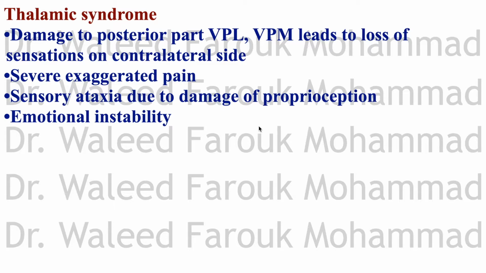I told you before, proprioception is the information coming from the joints and surrounding muscles about the status of the joint and the status of the body in space, a major factor for equilibrium. And emotional instability accompanies the thalamic syndrome.